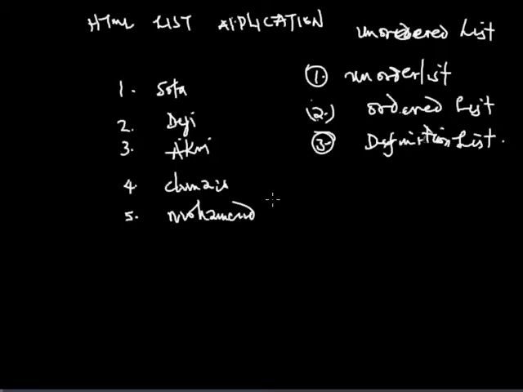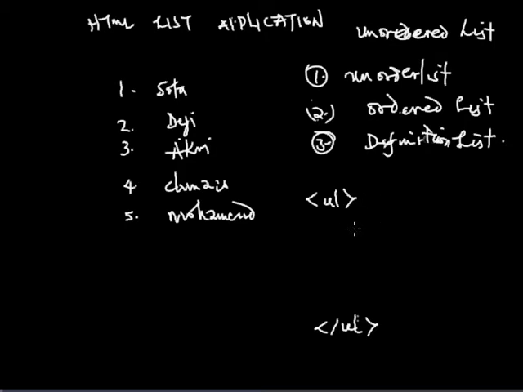Okay, so the kinds of list we have in HTML are the ordered list and the definition list. When you're writing an unordered list, this is the way you write it: you open the tag, remember this is the tag, and you close the tag. Now, inside it, you define the items.